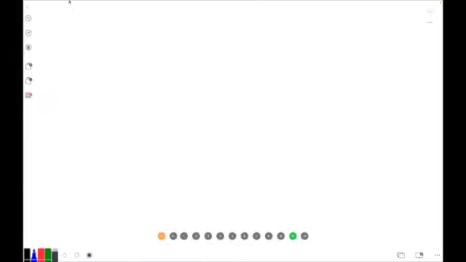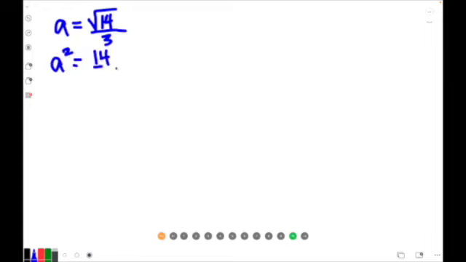Okay, so from that we already identified that a is equal to the square root of 14 over 3, and a squared would just be equal to 14 over 9.